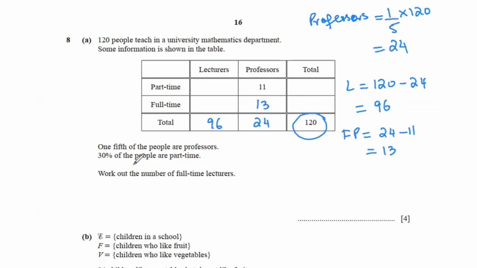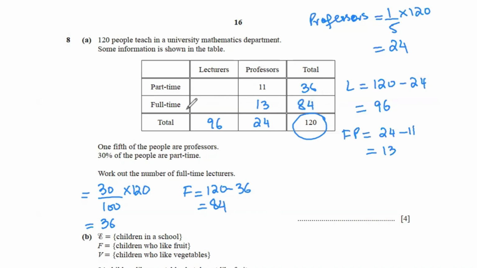Now, this said that 30% of the people are part-time. So 30% of 120 is going to be 36. So now full-time are going to be 120 minus 36, which equals 84.